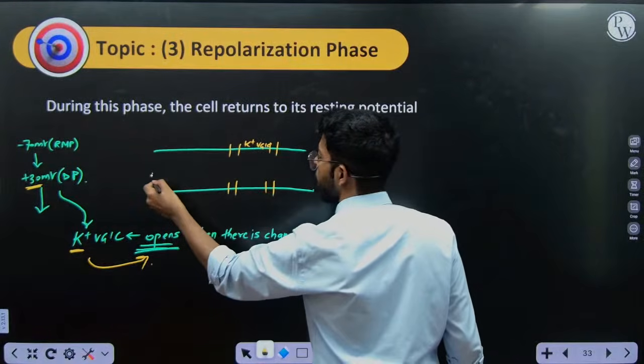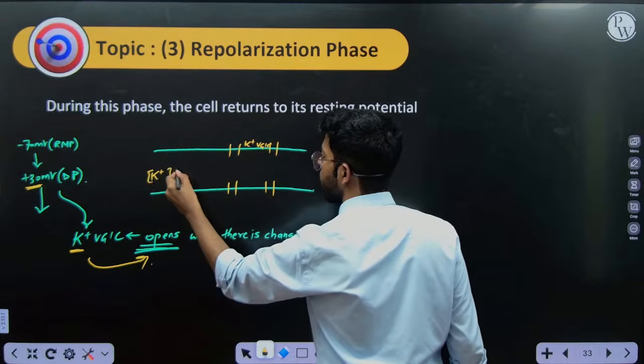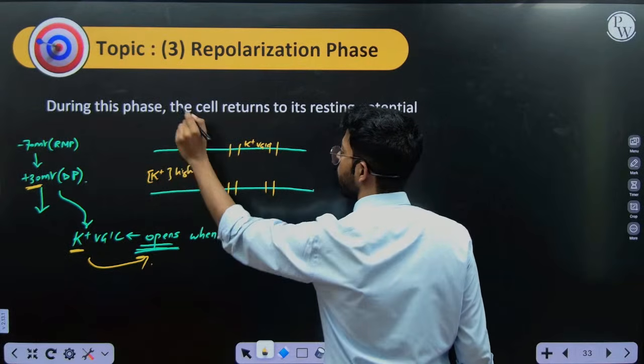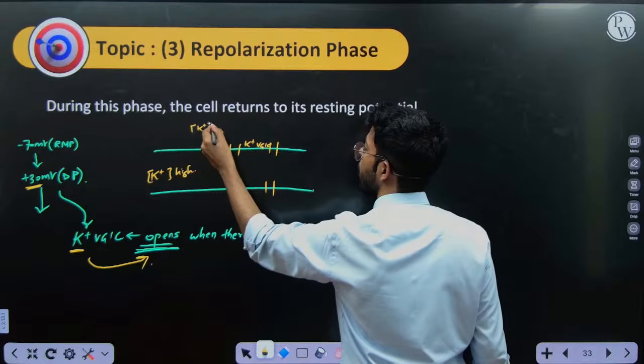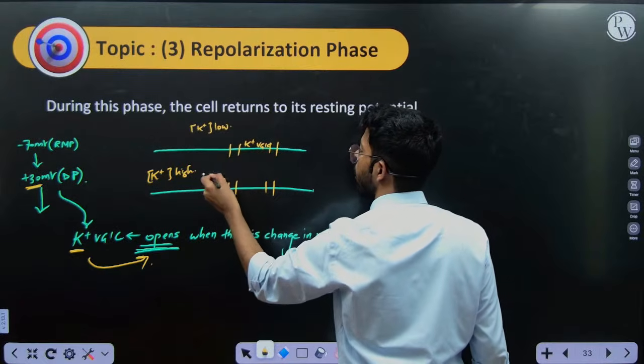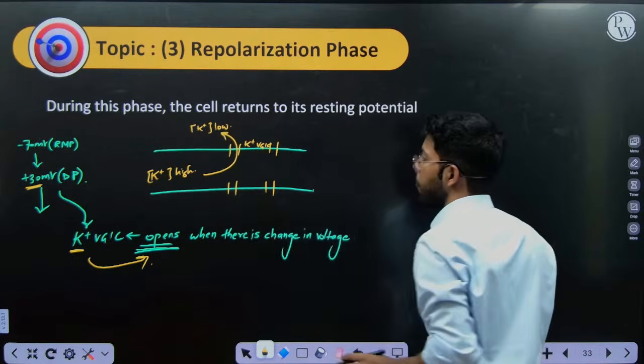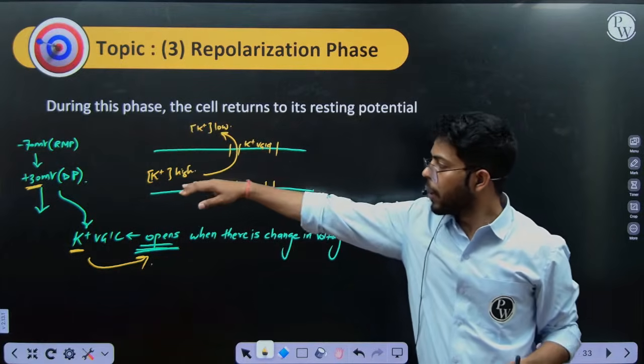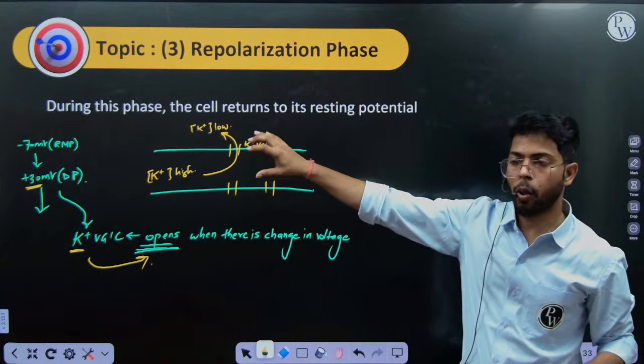So when it gets open, it moves from high concentration to low concentration.